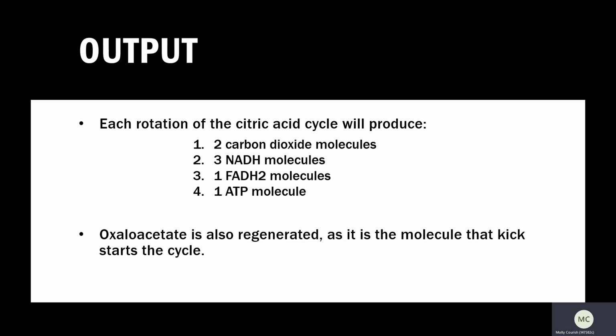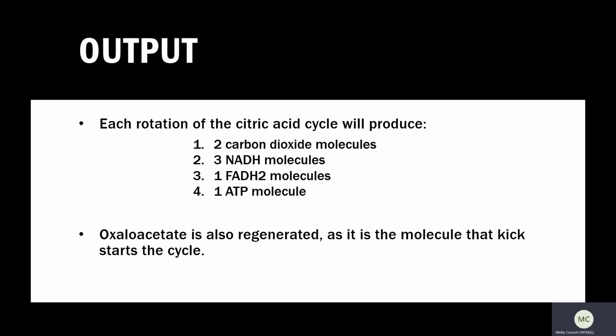For every rotation of the citric acid cycle, 2 carbon dioxide molecules will be produced, as well as 3 NADH molecules, 1 FADH2 molecule, and 1 ATP molecule.